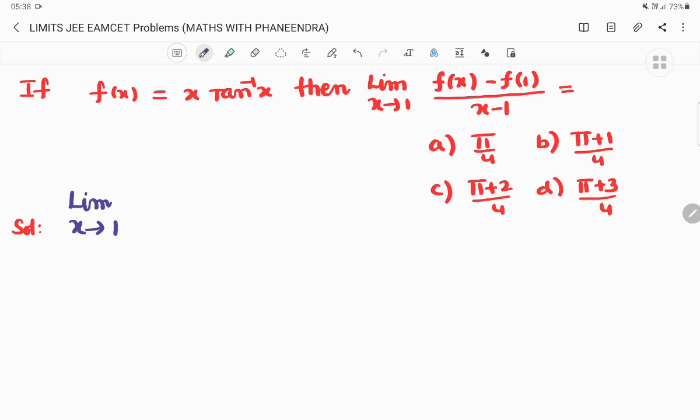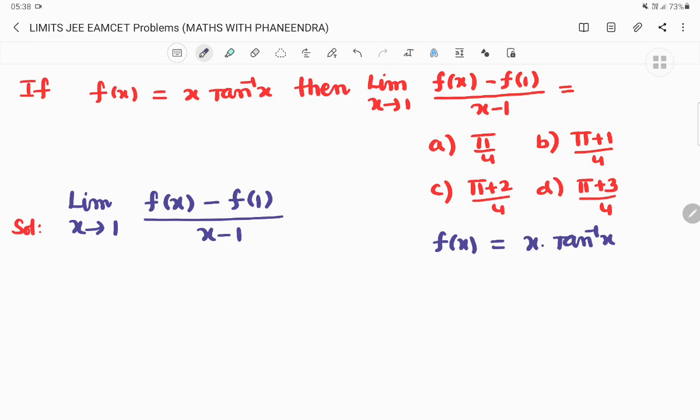Limit x tends to 1, f of x minus f of 1 divided by x minus 1. f of x is x into tan inverse x.